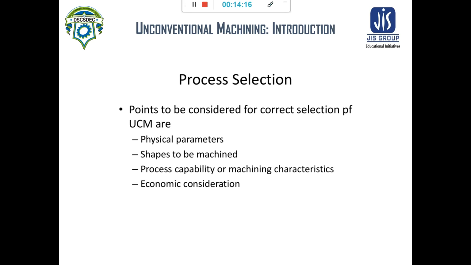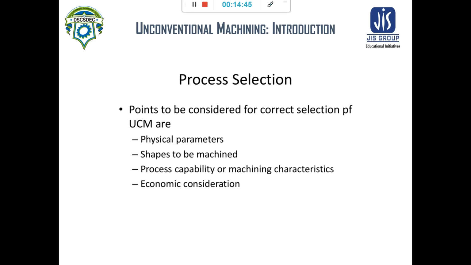unconventional machining process, because this is very important. There are numerous unconventional machining processes, and nowadays you can see that there is hybridization between these processes. Hybridization means two or three unconventional machining processes are clubbed together to get better and better results. As the demand is getting high, we need to know the particular selection for the particular operation.